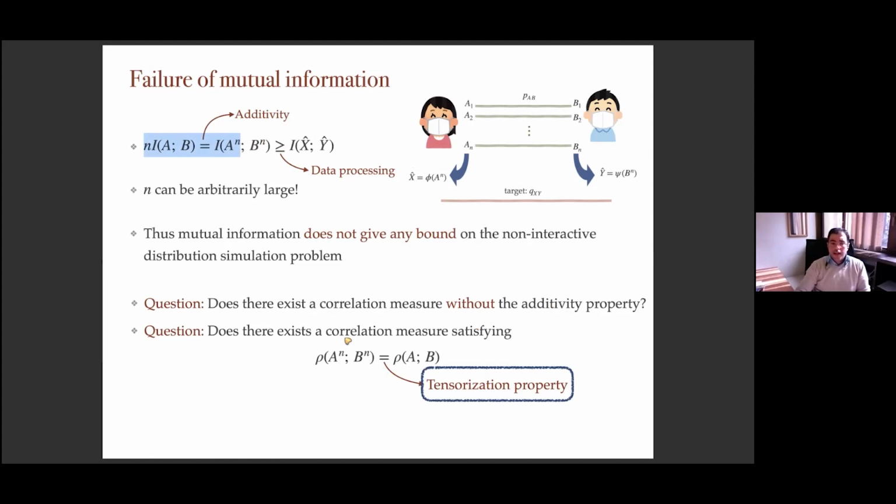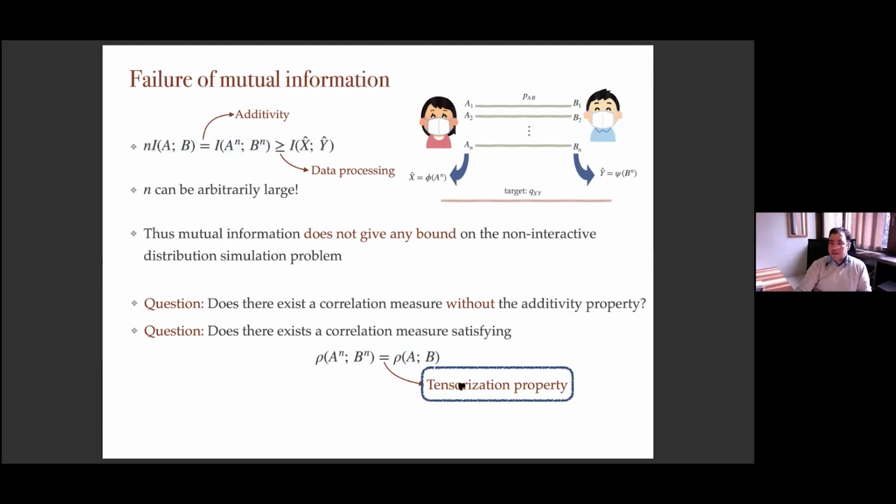Or I can go wide and ask, is there a measure of correlation which satisfies this? I would like to have a measure of correlation for which, if I compute the measure on n copies, I get the same number as if I compute it on a single copy.